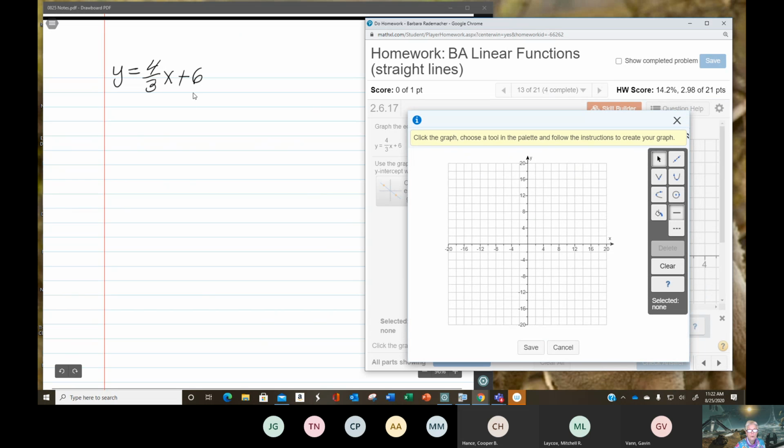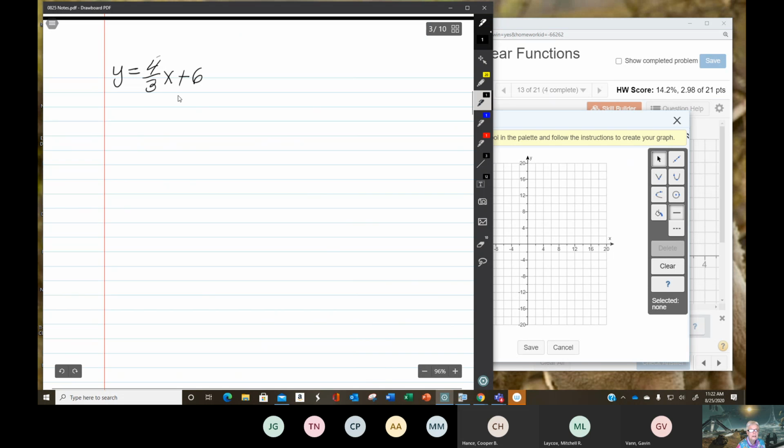What you do is you always start at the y-intercept. So when we get ready to graph, we're going to start at 2, 4, 6, right there. I'm going to put a dot right there. And then from 6, I'm going to use the slope to take me to the next point.